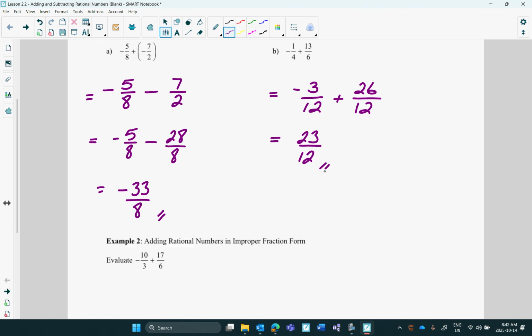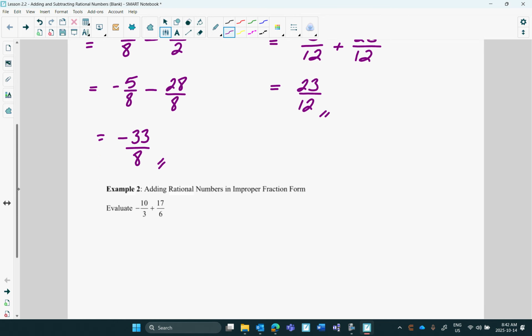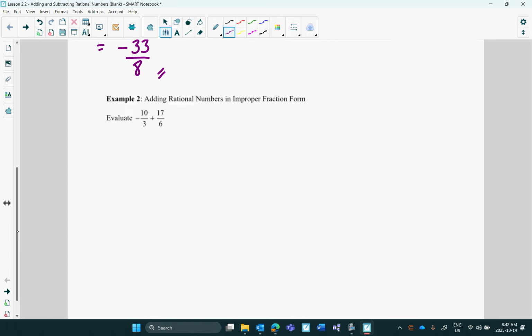Try the next one on your own. See if you can do that one. It's just improper fractions. There's really nothing different than the previous questions. Okay.